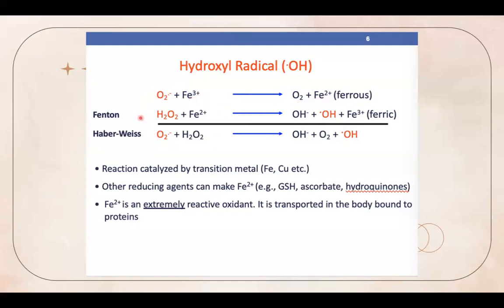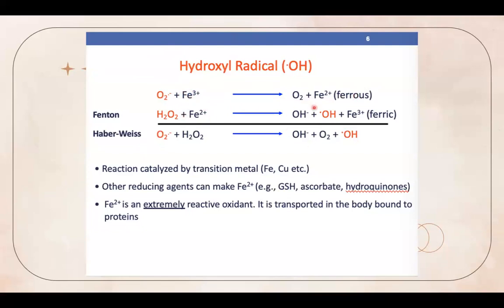and ferrous iron. So superoxide or O2, this one right here with an electron that you can see at the top, this is normal. This kind of ROS is normally present in the body, right? It comes from chemical reactions. So it reacts with the ferric iron to produce oxygen and ferrous iron.